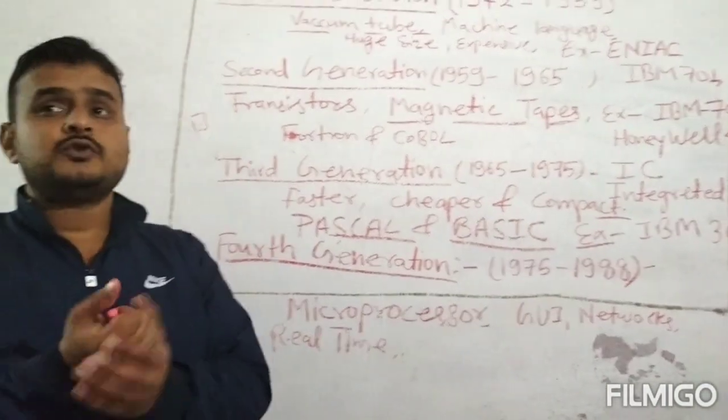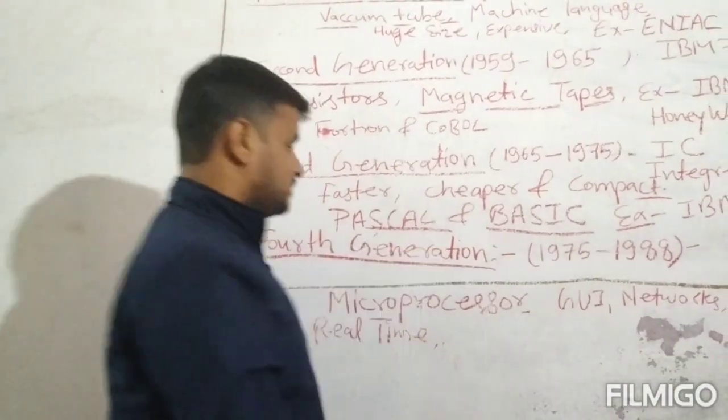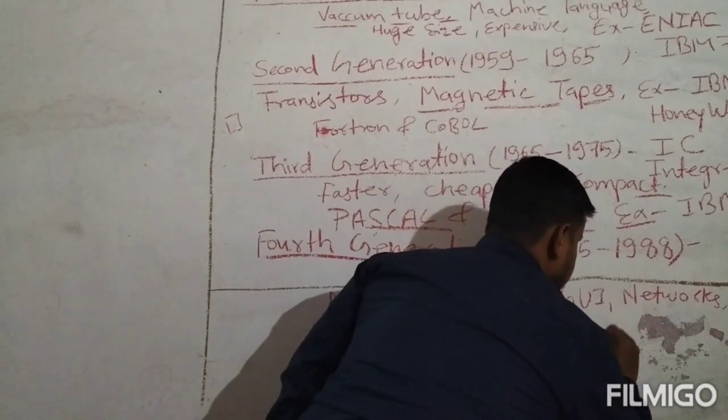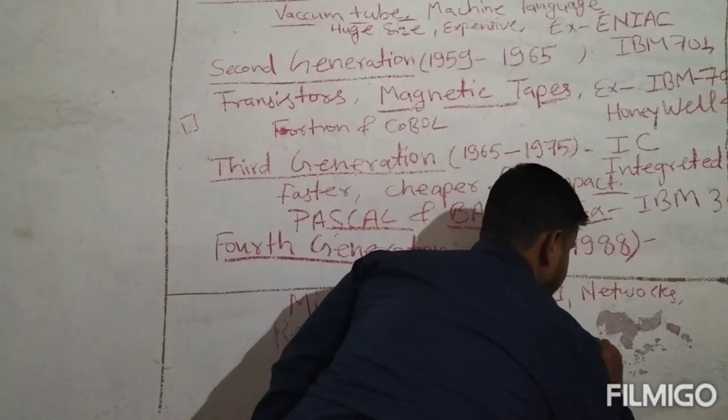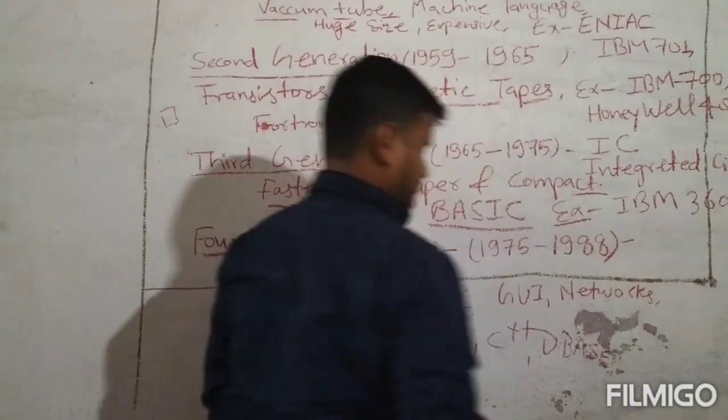Fourth generation computers use the languages C, C++, and DBase, which is also known as database.